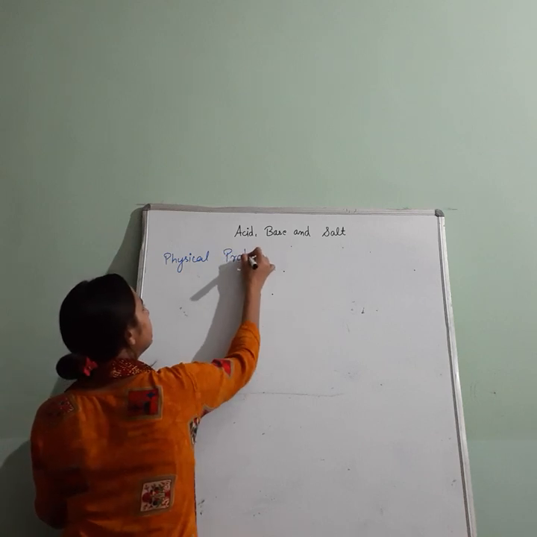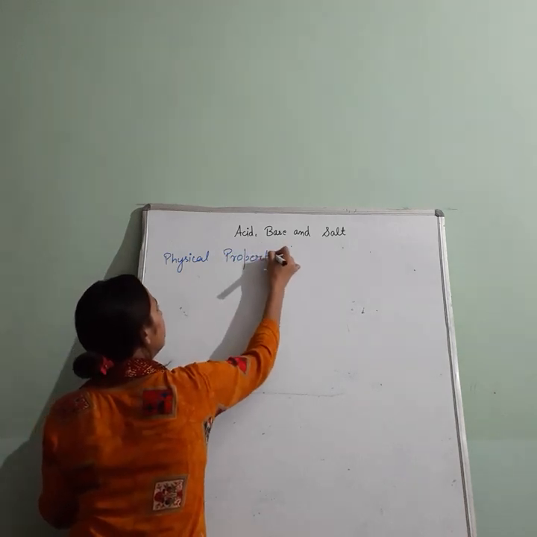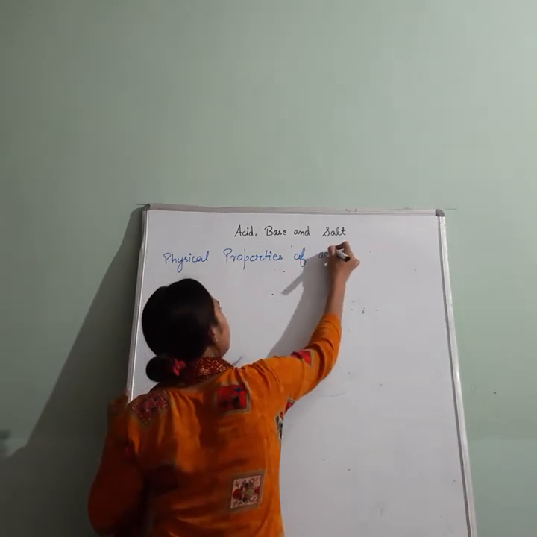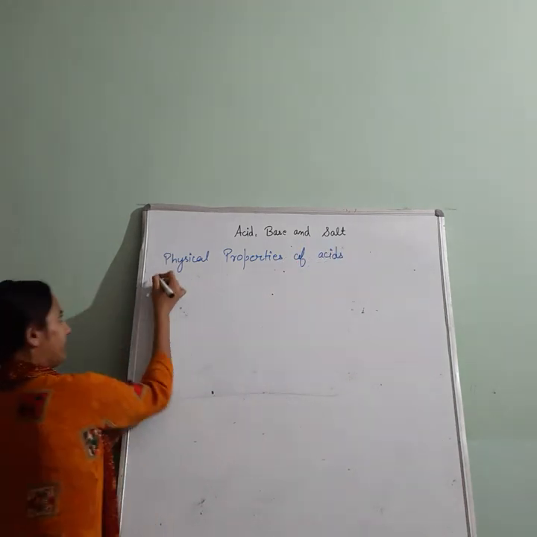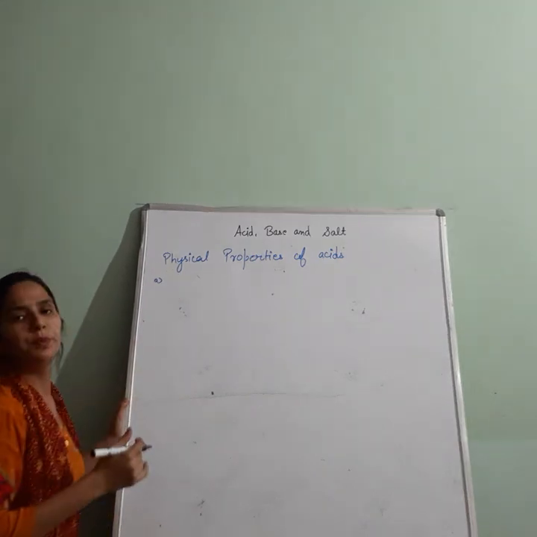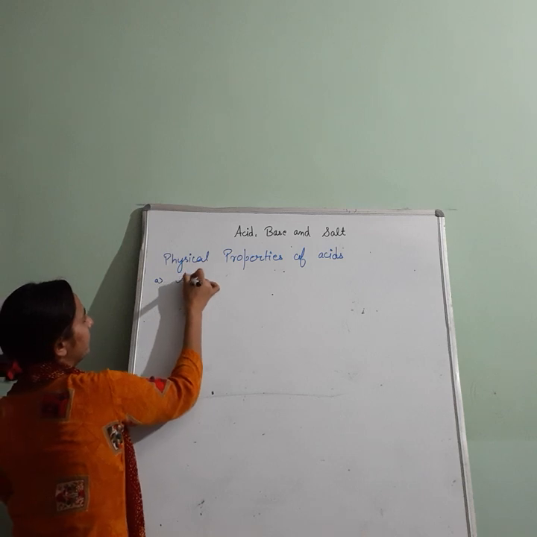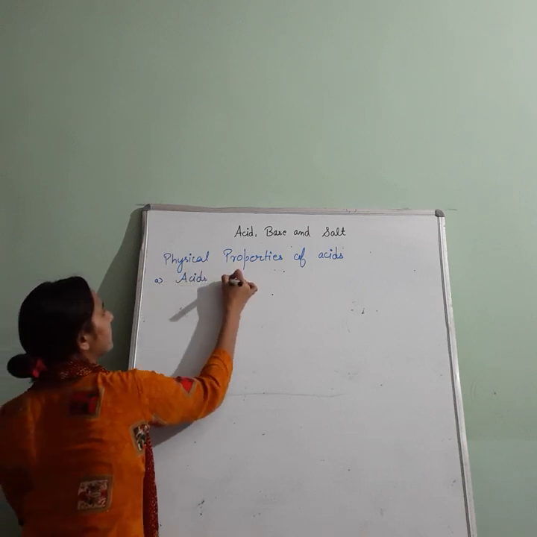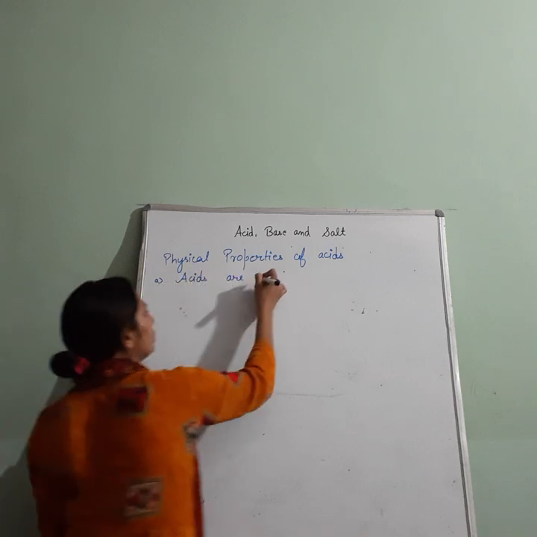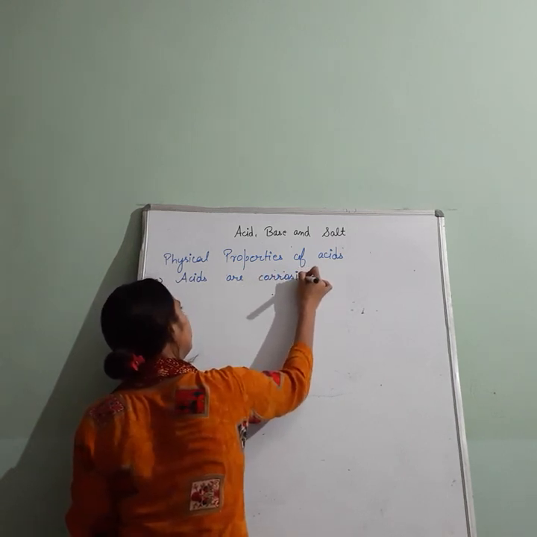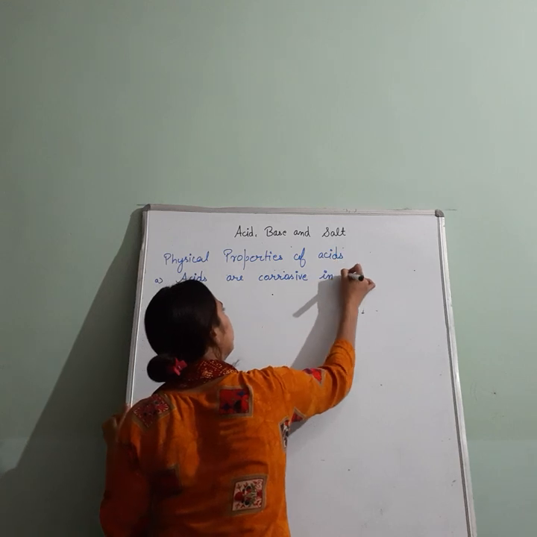The first physical property of acids is that acids are corrosive in nature.